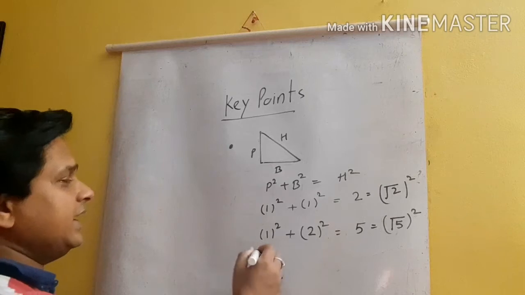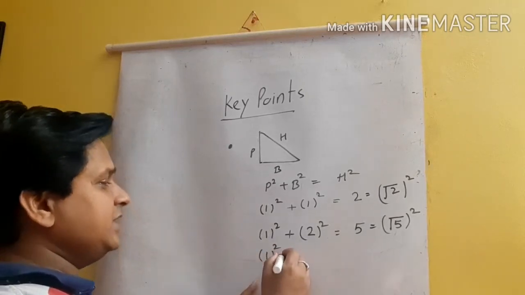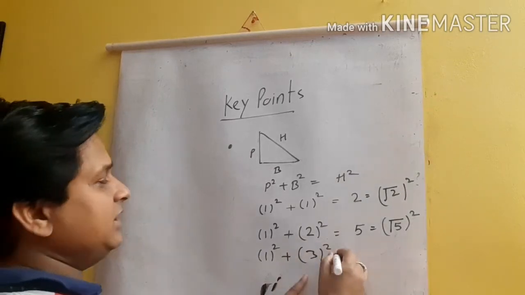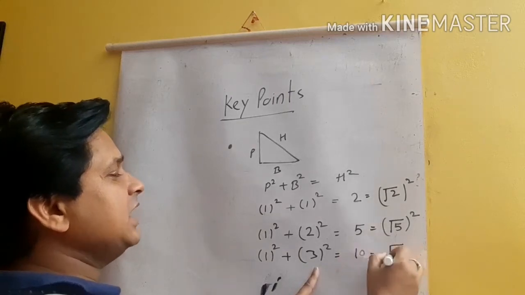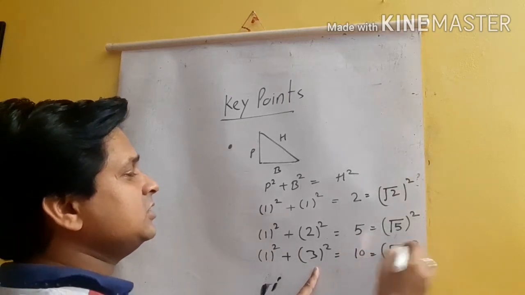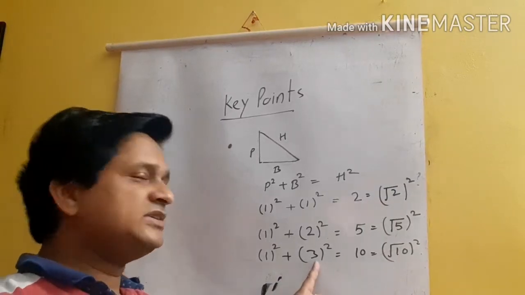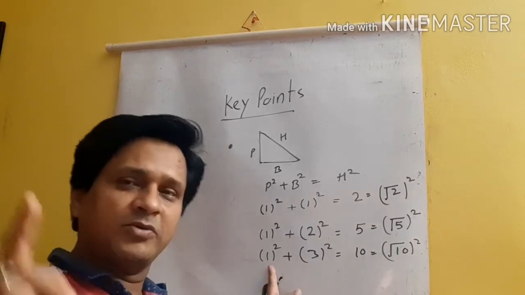Now if I take the perpendicular as 1 unit and the base as 3 units, then 1 square plus 9 is 10. So can I write this as root 10 whole square? So when I have to represent root 10 on the number line, the base will be 3 units and the perpendicular will be 1 unit.